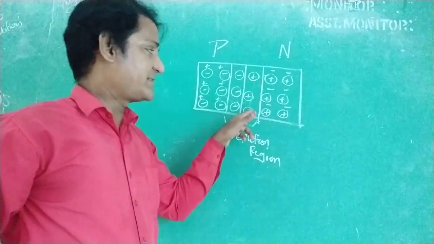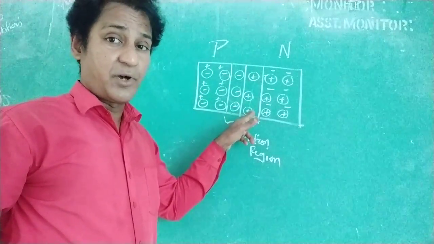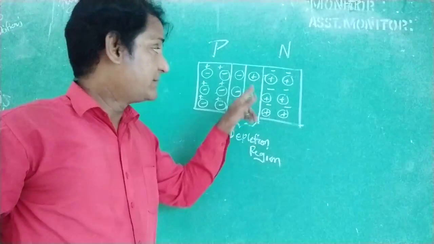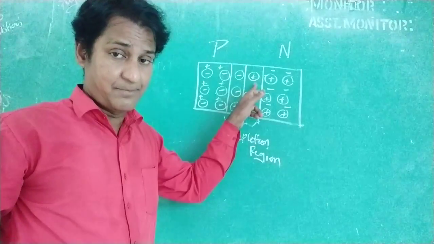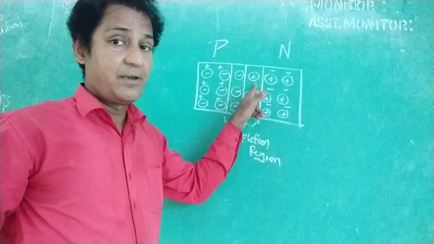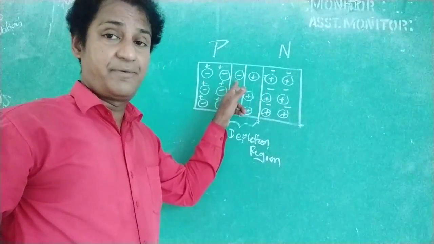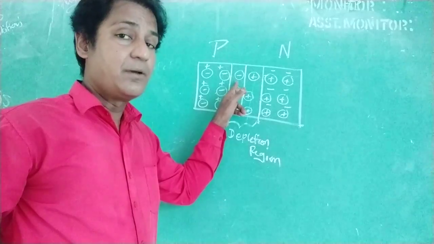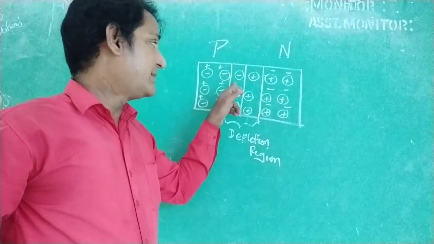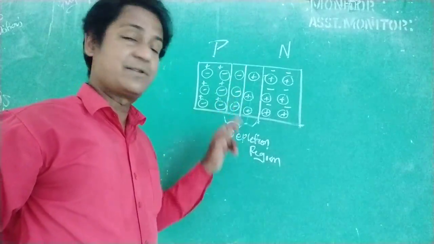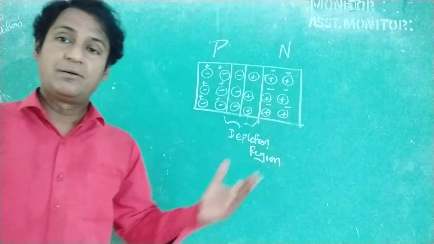Since the right hand side has immobile positive ions, it has higher potential. So the potential of the N side is higher than the potential of the P side, because the left hand side has negative immobile ions.